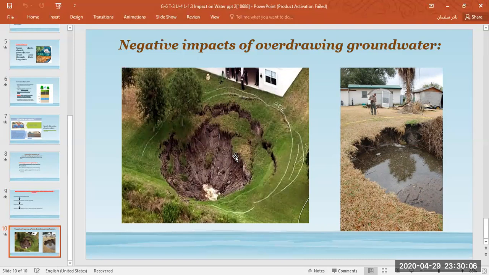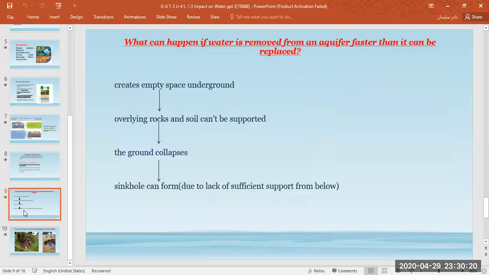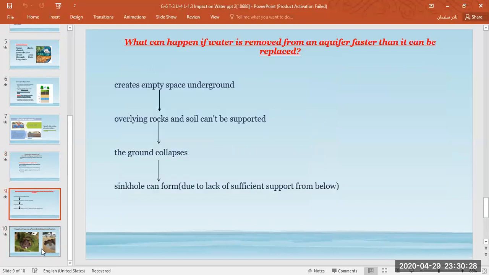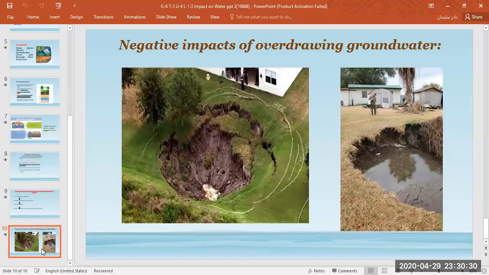This causes the layers of rocks and soil above the aquifer to be not supported, to come down, and therefore the land collapses and a sinkhole is formed because of the lack of sufficient support from below, from the aquifer. Okay, that's all about the groundwater. It is a very easy part.